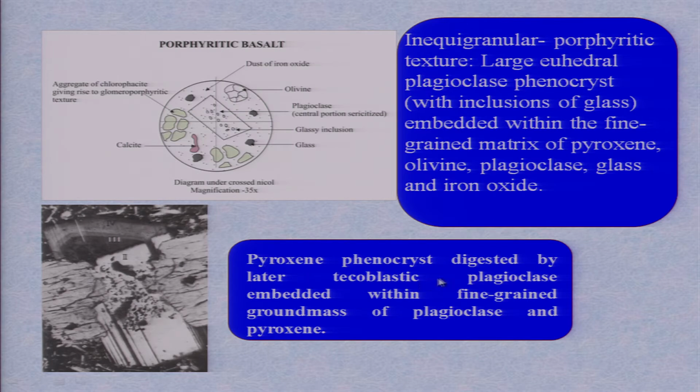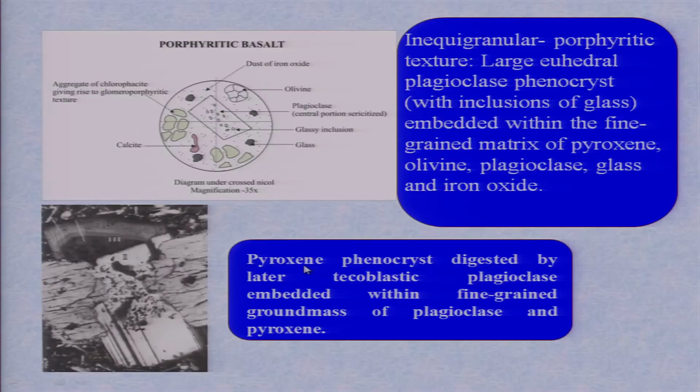Pyroxene phenocryst digested by later tachoblast. Tachoblast is a variety of phenocryst which is much larger than the phenocryst. We call it a tachoblast. So, in this case the pyroxene phenocryst is digested by a later tachoblast of plagioclase. This is a plagioclase, and this is actually a pyroxene phenocryst. Earlier it was a continuous pyroxene phenocryst.